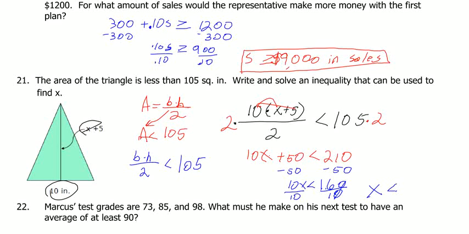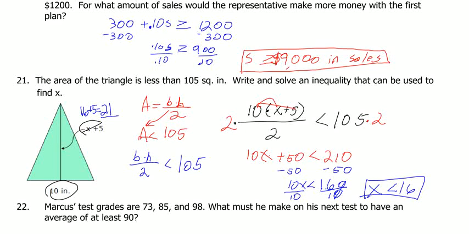Okay, so x has to be less than 16, and that means that the height, just as a heads up, 16 plus 5 would be 21. And there it is. Even though it didn't ask for that, we know how to find that now. So x needs to be less than 16.